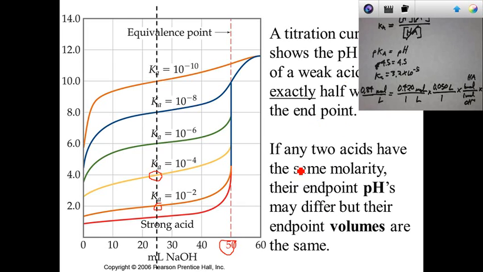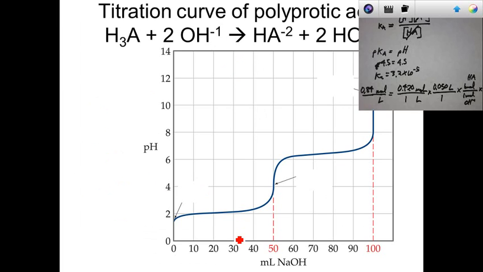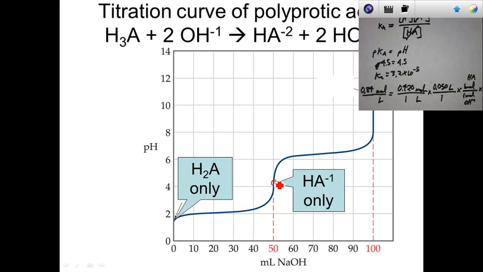The end point of each of these is still at 50 milliliters, because when you have any two acids, strong or weak, with the same molarity, their endpoint pHs differ, but the moles of hydrogen or hydroxide are the same. Notice here we've got a weak acid that's diprotic, and part of this is off screen. If we start off with a diprotic weak acid, you're going to have your first endpoint right about here, halfway up the vertical, where we have the first salt, where you've lost exactly one hydrogen.